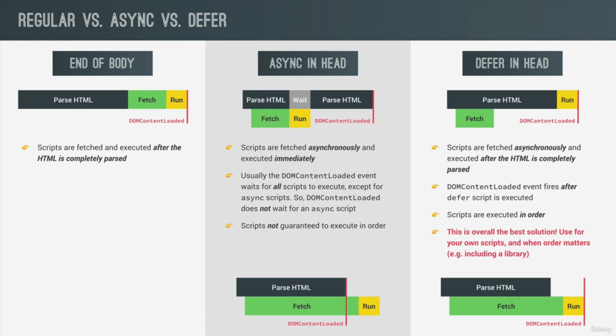And in this case, you have to use defer and not async, because defer will guarantee the correct order of execution. Now, for third-party scripts where the order does not matter, for example, an analytics software like Google Analytics or an ad script or something like that, then in this case, you should totally use async.